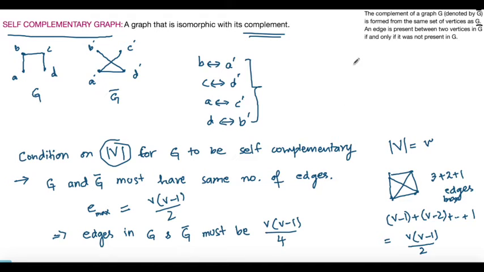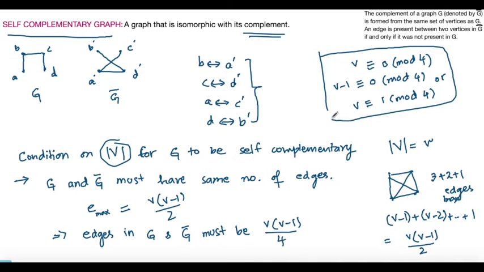Here we can say V is 0 mod 4, or V minus 1 is 0 mod 4, which means V is equal to 1 mod 4.